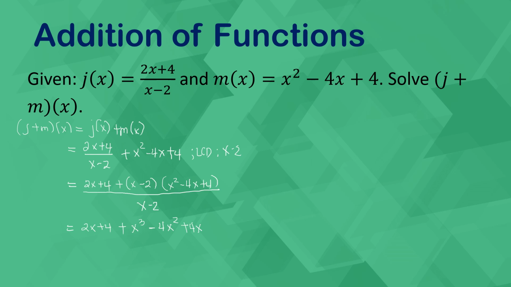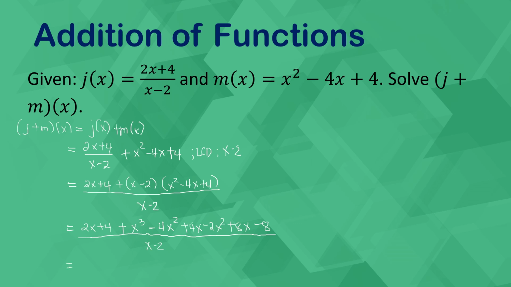Then we have negative 2 times x squared is negative 2x squared. Negative 2 times negative 4x is positive 8x, and negative 2 times 4 is negative 8. Okay, so we copy the LCD x minus 2.